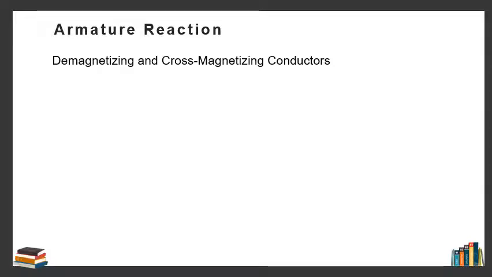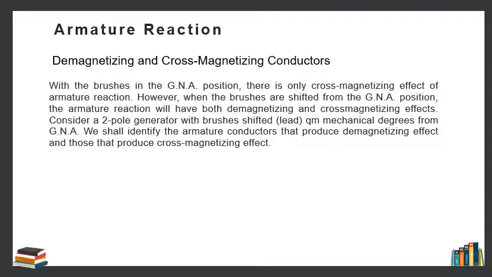Now the demagnetizing and cross-magnetizing effect: with the brushes in the GNA position, there is only cross-magnetizing effect of the armature reaction. However, when the brushes are shifted from the GNA position, the armature reaction will have both demagnetizing and cross-magnetizing effects.